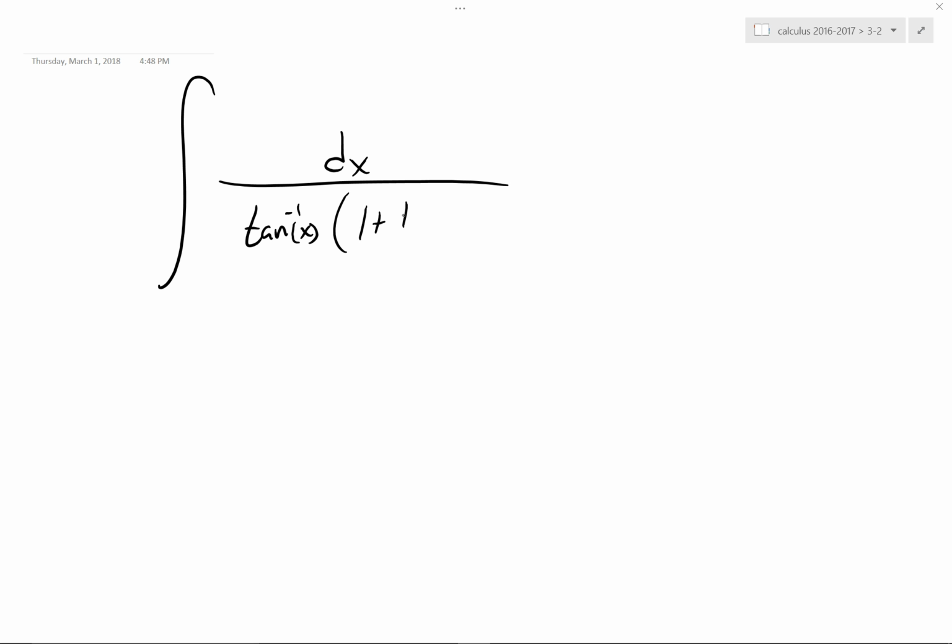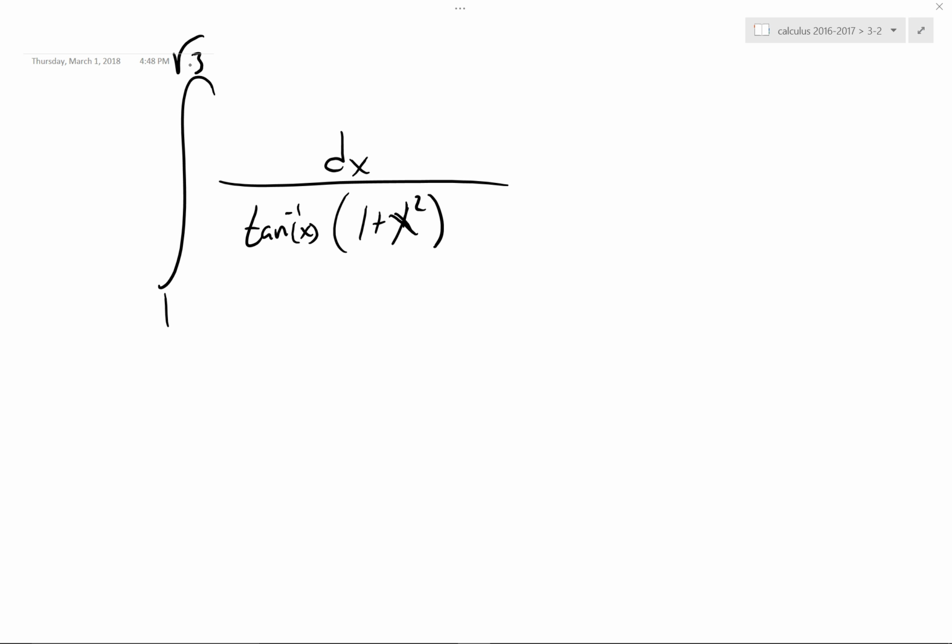Actually, I do want to do that one. That one does sound kind of fun. This one will freak a lot of people out. Oh, shoot. From 1 to square root of 3.